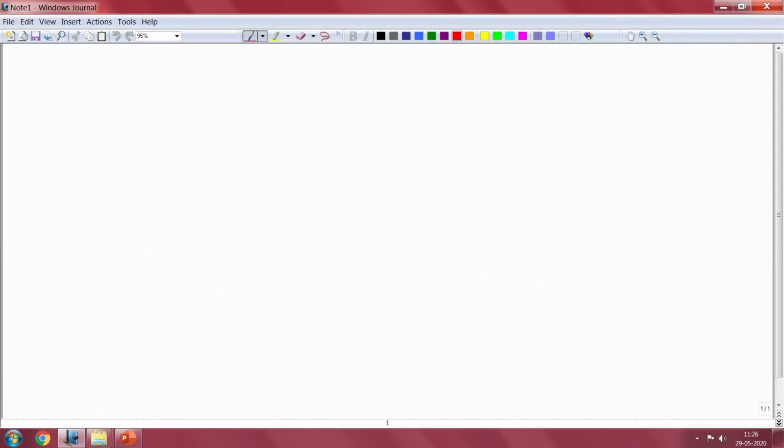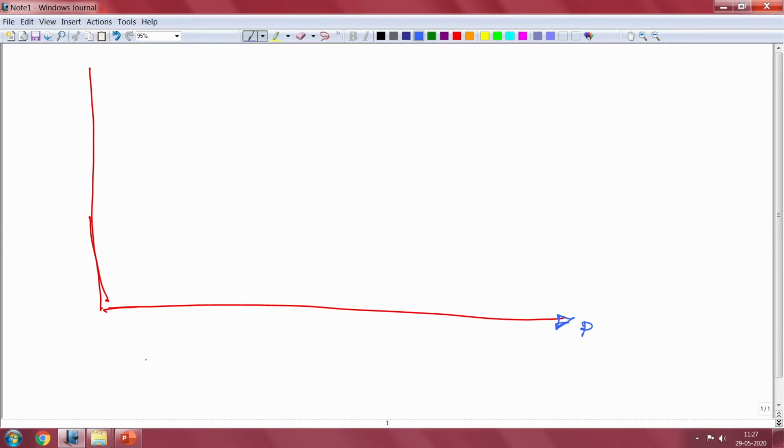I just use this board to explain the response spectrum. This is basically your plot. The period is increasing this way and the frequency is increasing here. The frequency is zero here and the period is the inverse. This one will be your spectral acceleration.